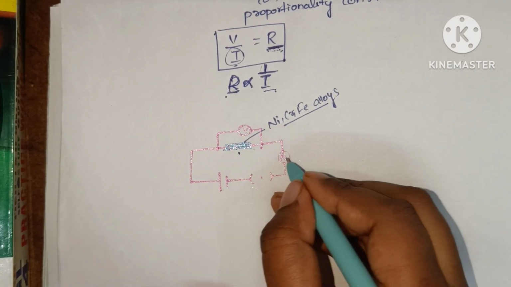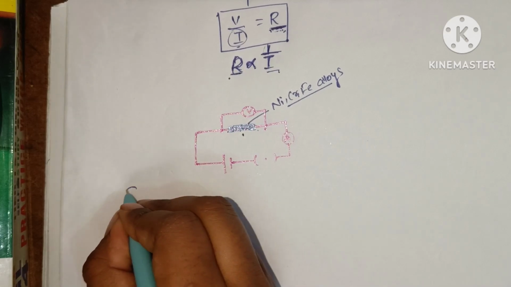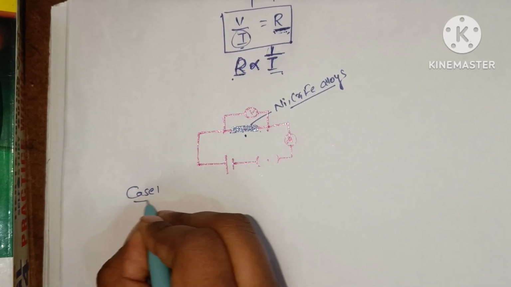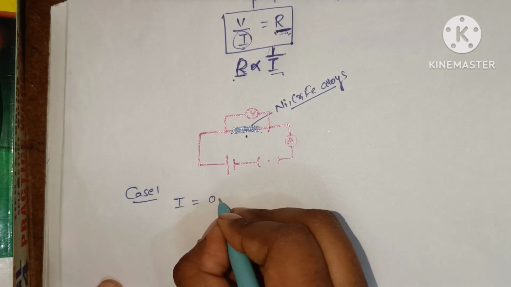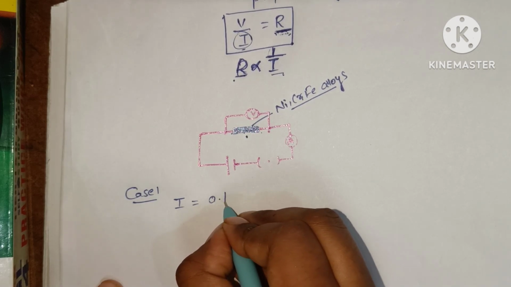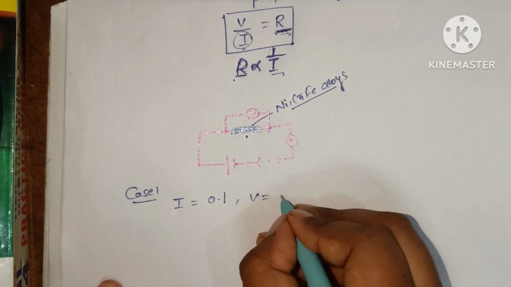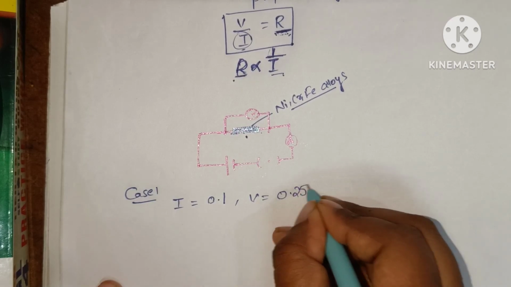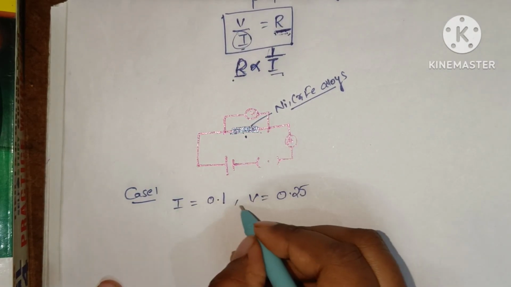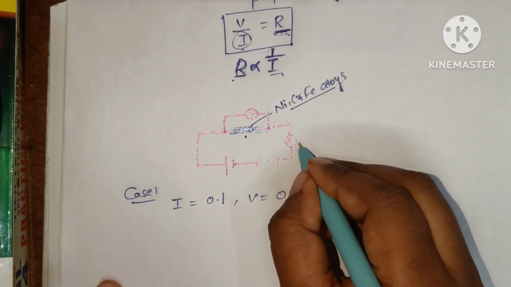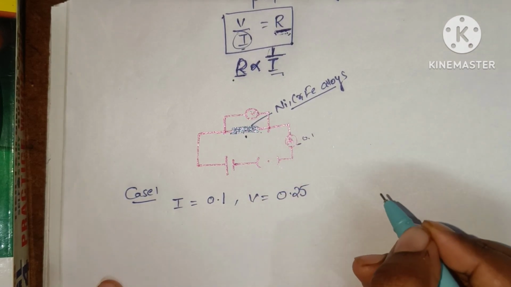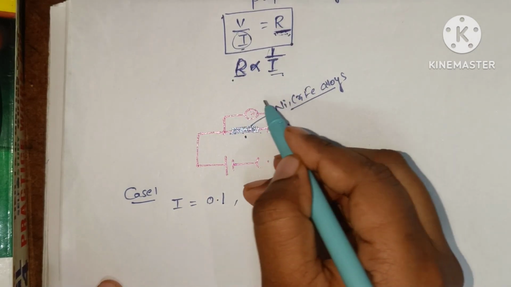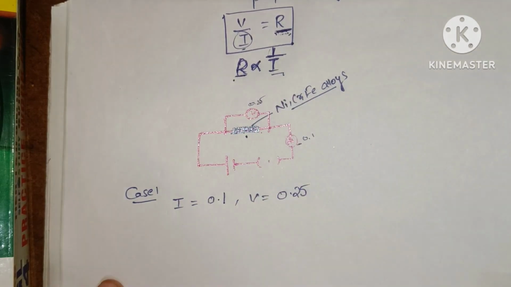For example, in case 1, the current in the ammeter was 0.1, and the reading in the voltmeter was 0.25.